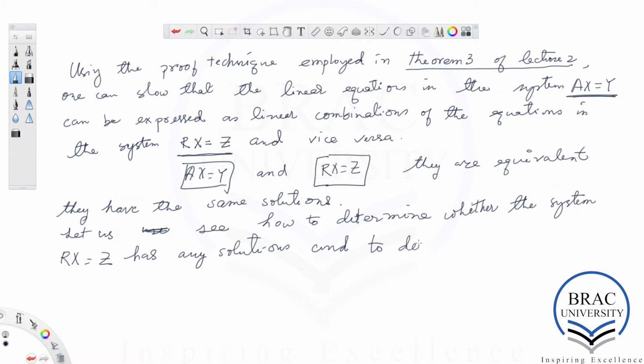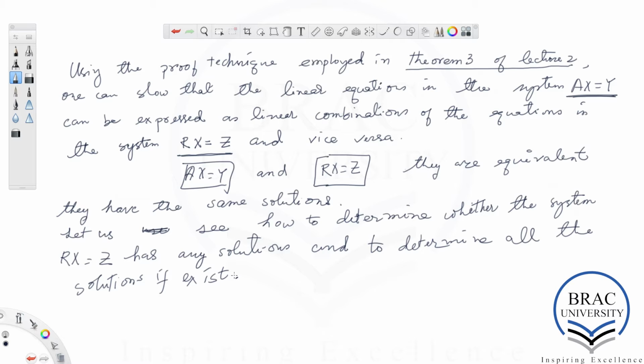So we know that the systems Rx is equal to Z and Ax is equal to Y have the same set of solutions.